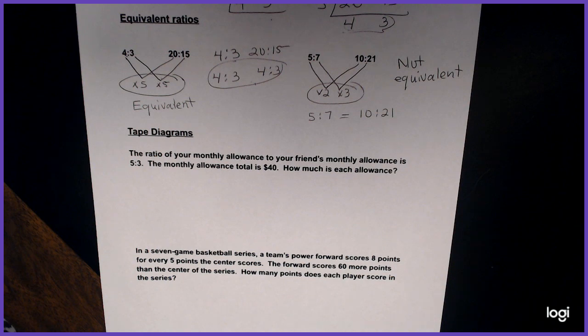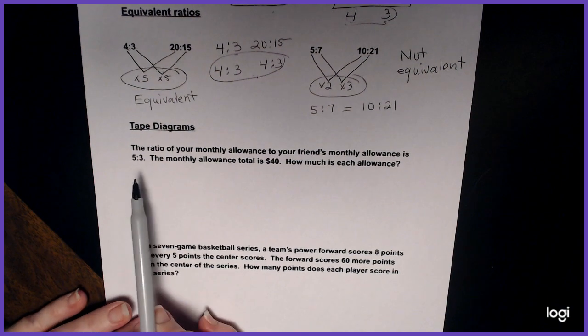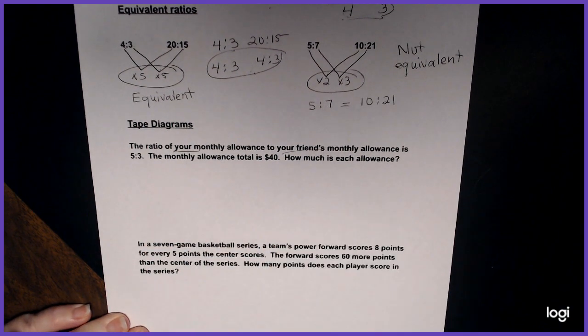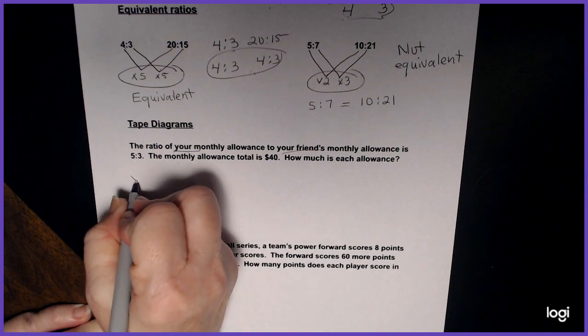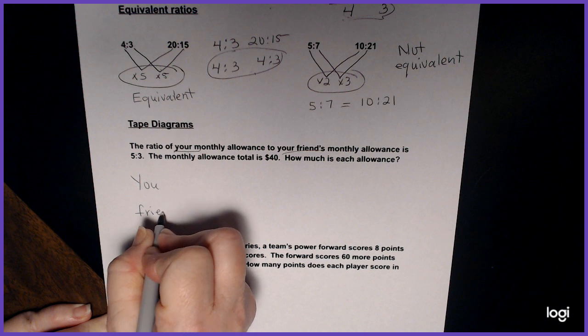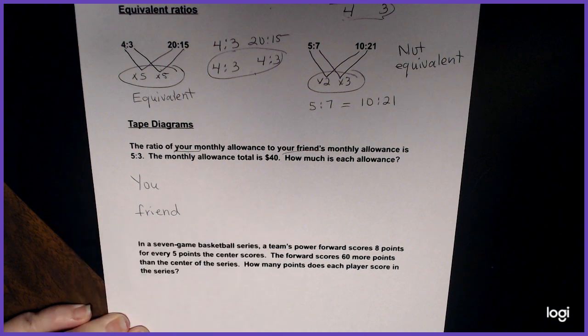All right, Bennett, do you remember how to solve these? Sam, do you? I bet you do. So what we're going to do is we have to make a tape diagram representing your monthly allowance and your friend's. So let's label this as you, and let's label this as friend. All right.